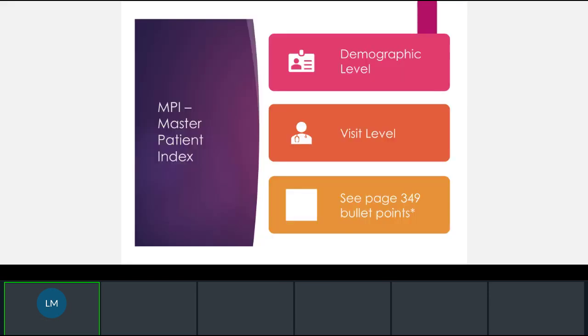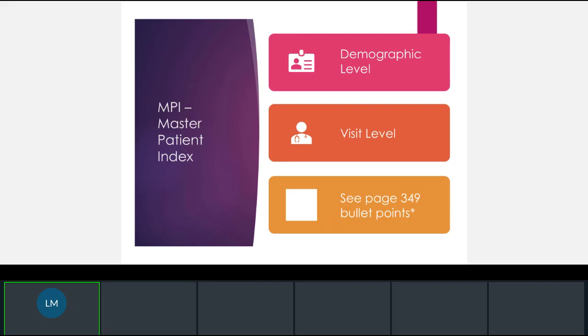All right, the Master Patient Index, or the MPI, is an electronic file that identifies all patients that have been either admitted or treated at a facility.